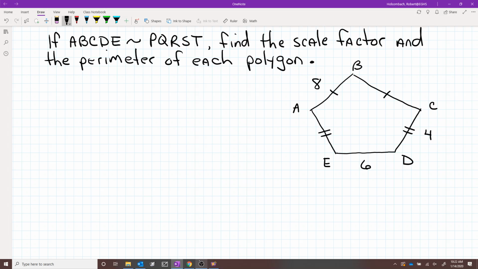And then you've got a smaller pentagon below it. And that one is your PQRST. We got 3 tick marks and 3 tick marks and then 4 tick marks. R to S is 3.